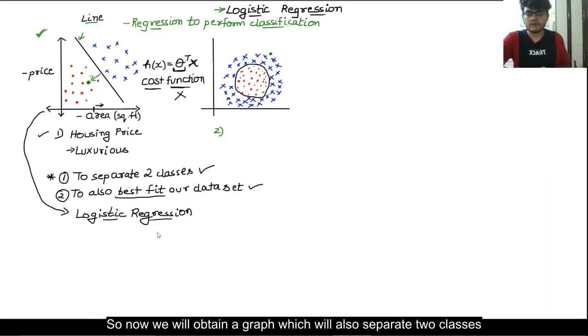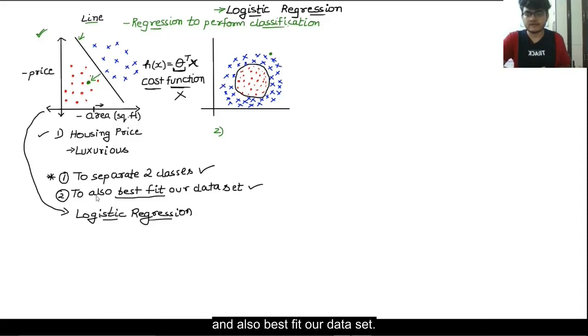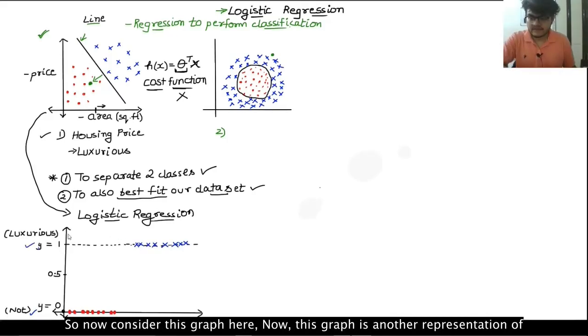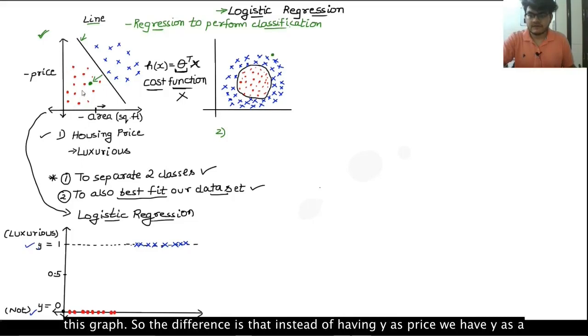Now we will obtain a graph which will also separate two classes and also best fit our data set. So let's see how we can transform it, and let's see what the graph will be if we try to perform logistic regression. Now consider this graph here. This graph is another representation of this graph.